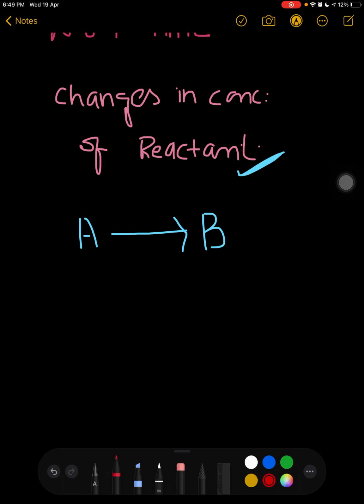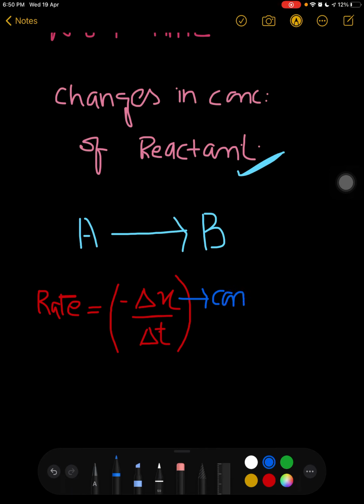Consider if you want to find a rate, like the velocity. So the rate of reactant will be minus del x upon del t. Basically del x shows us the concentration and del t shows us the time, so it is the change in concentration with respect to time.